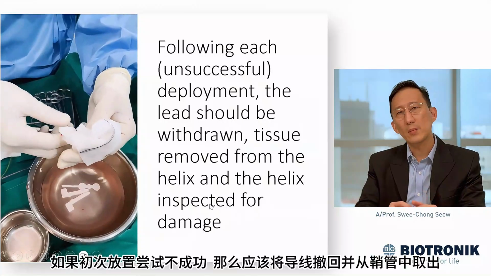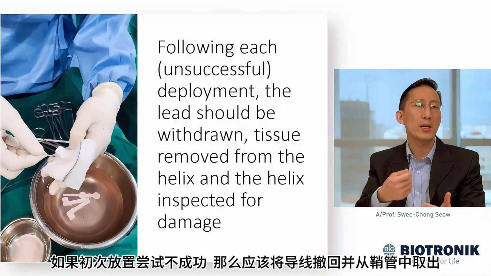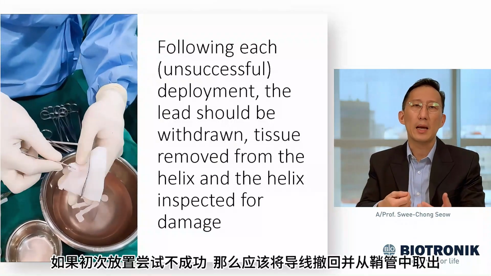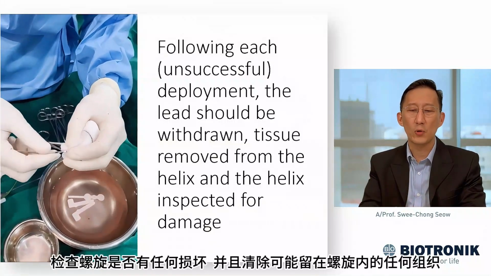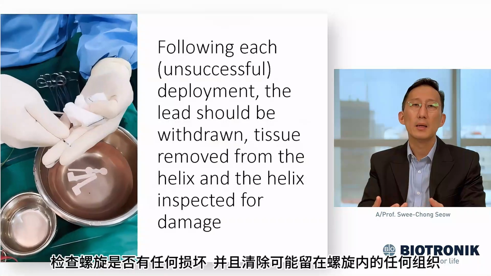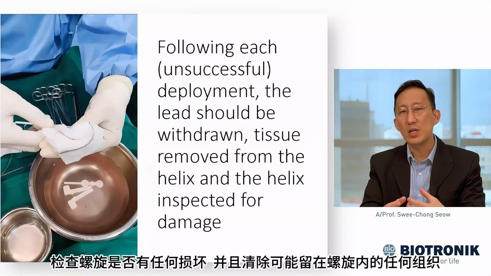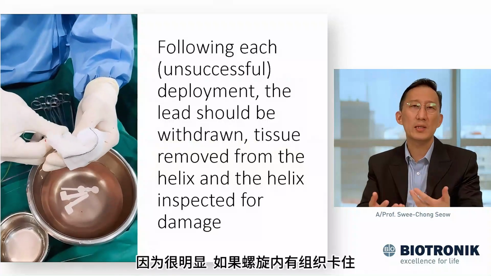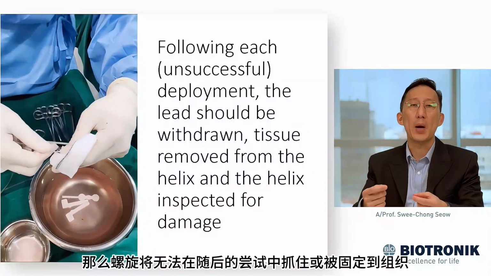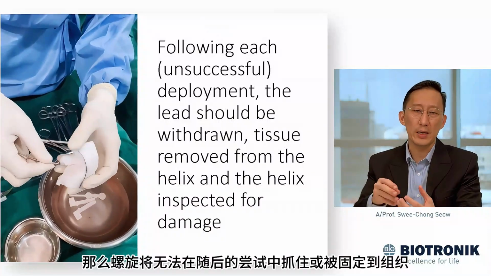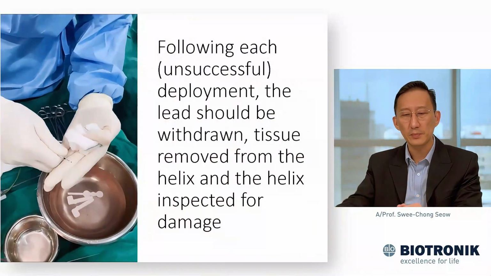So if the initial attempt at lead deployment is not successful, the lead should be retracted and removed from the sheath and checked for any damage to the helix, as well as to remove any tissue that may be retained within the helix. Because obviously, if you have tissue stuck within the helix, the screw is not going to bite or hold on to the tissue that it encounters in further attempts.